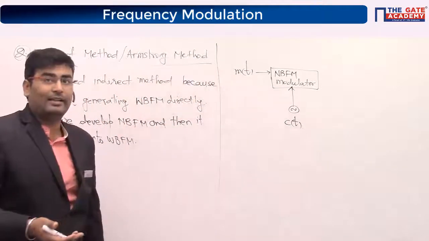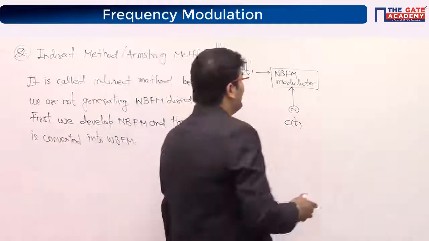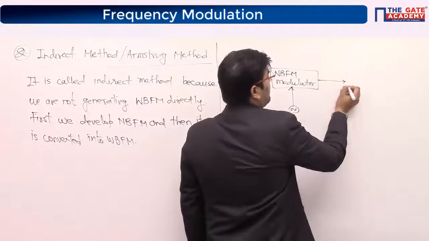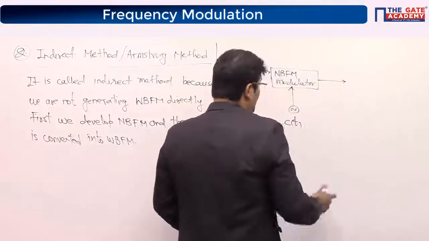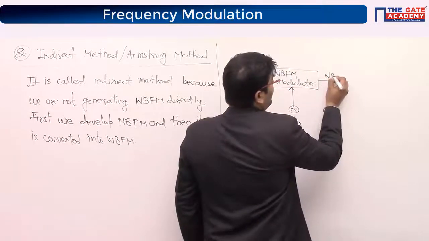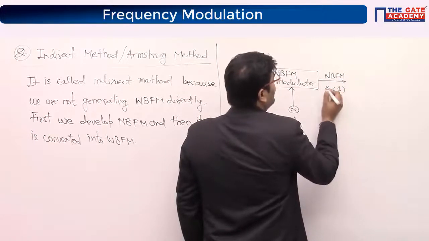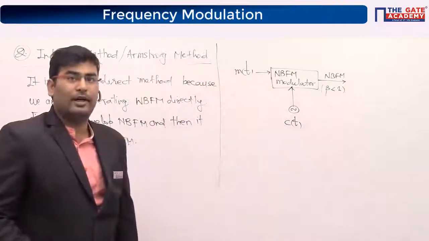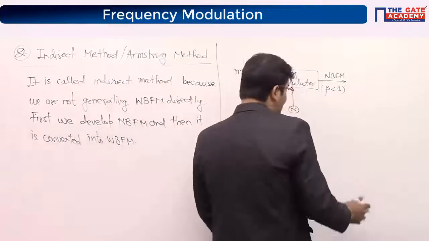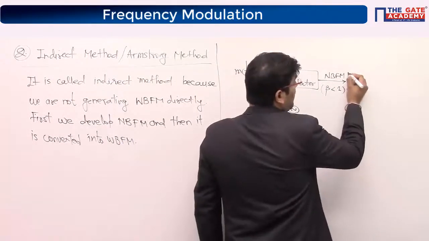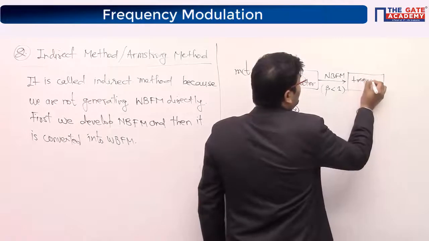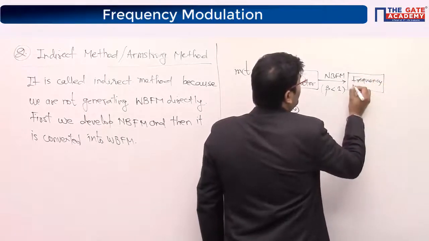So you change the carrier signal as per the message, and then the output is the narrowband FM signal, NBFM, and obviously beta is less than 1 here because it's a narrowband FM. And then it goes into the block of the frequency multiplier.